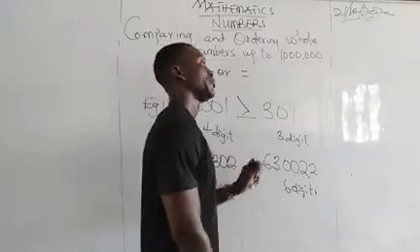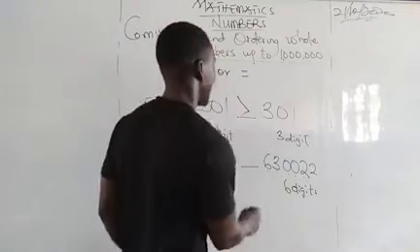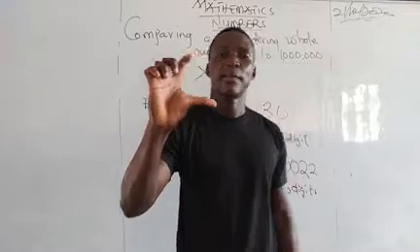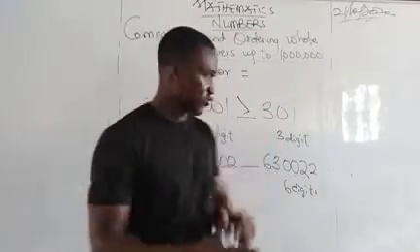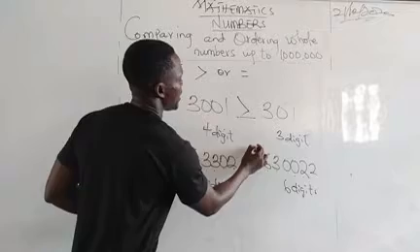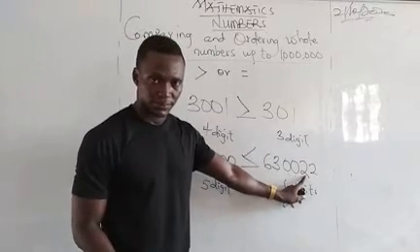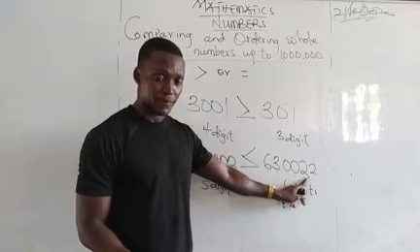The one with more digits is the larger number, and I said always open the mouth of your sign towards the bigger number. So now we are going to open our sign to where the larger number is. I hope you understand. Alright.